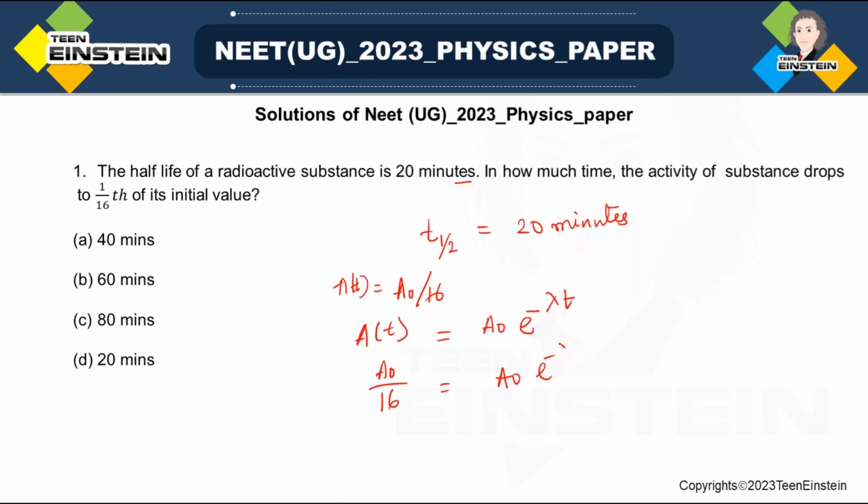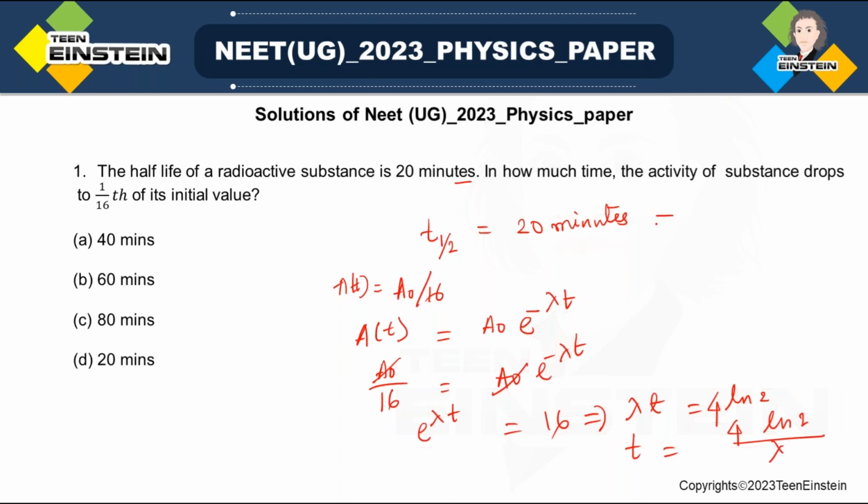Now e to the power lambda t will be equal to 16. If we take ln to come out of the exponential, this will be ln 16, which I can write as ln 2 to the power 4, and this 4 will come in front. So we have got the time t is equal to 4 ln 2 by lambda.